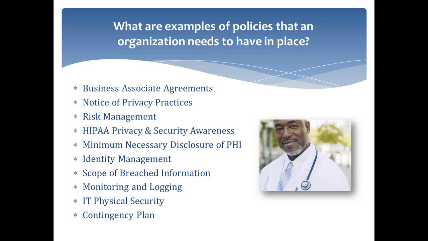So there are a lot of details in terms of what can be shared and how it can be implemented and enforced. If you walk down this list, all of these are important aspects of HIPAA compliance that deal with internal resources or other external stakeholders who are working with the medical community, medical providers, to ensure privacy and security of PHI. So that's really very key. For example, scope of breach information.